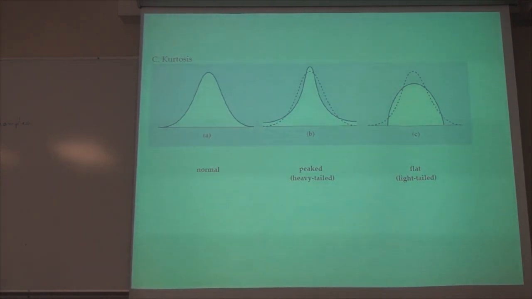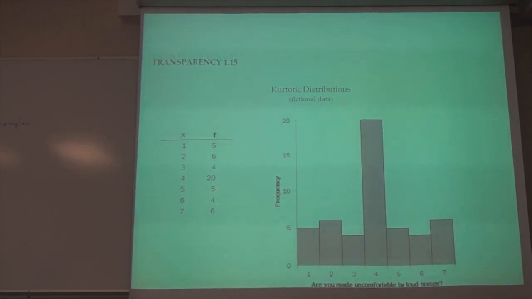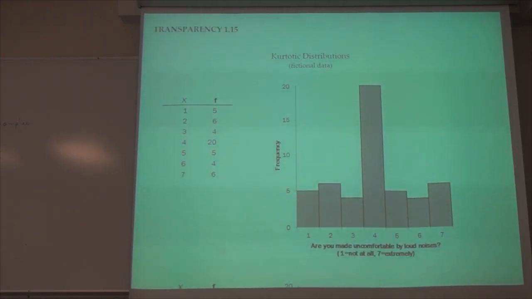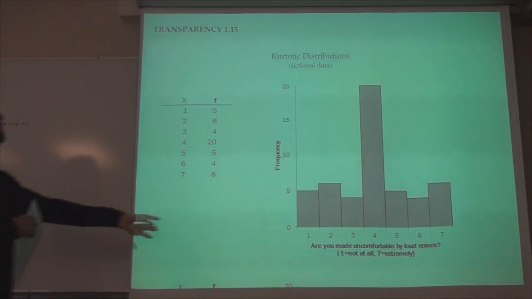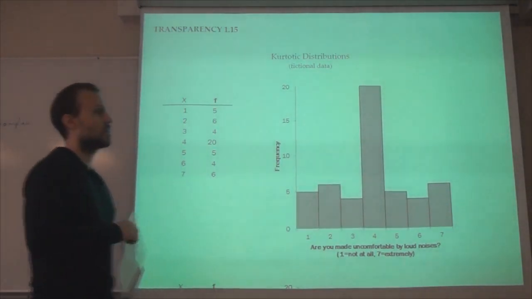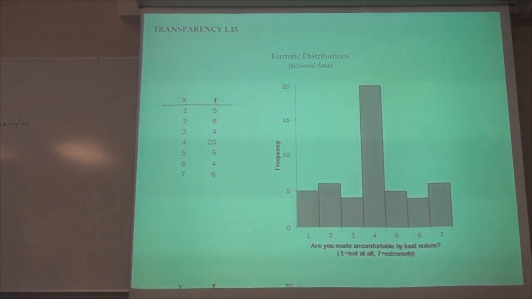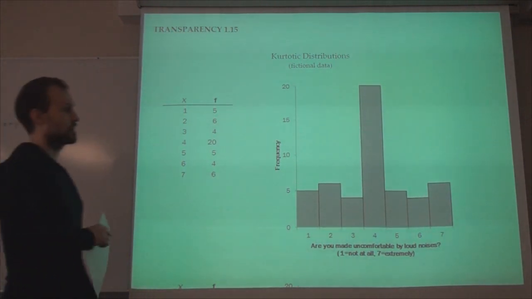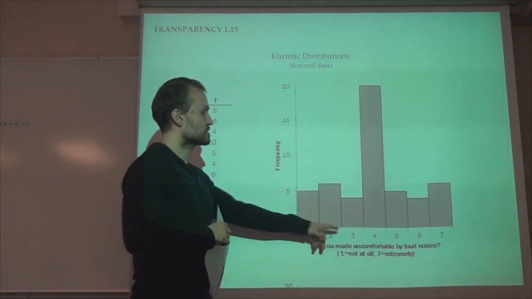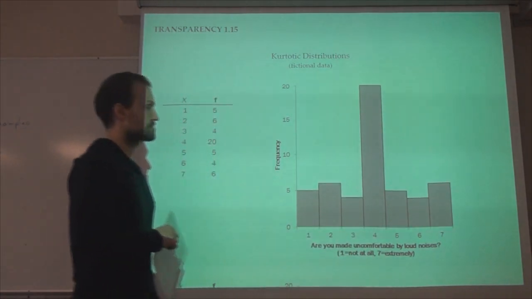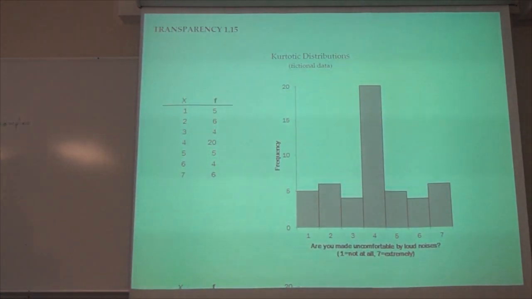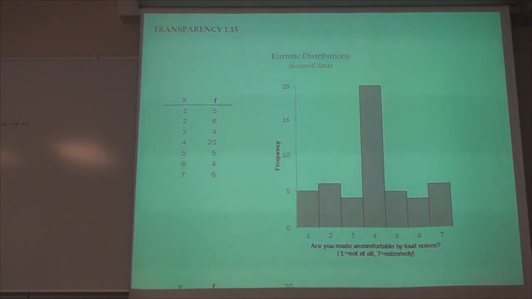If I look at something like this, and I assume that this survey is representative of all people in the country, if I then go and randomly pick a person, I can expect that person to sort of be in the middle when it comes to loud noises. I don't expect to find many people that are not bothered at all or extremely bothered.